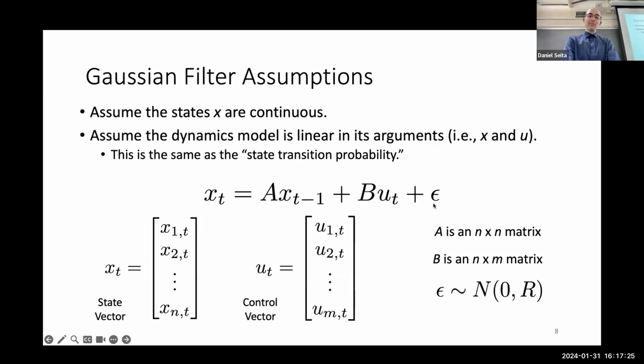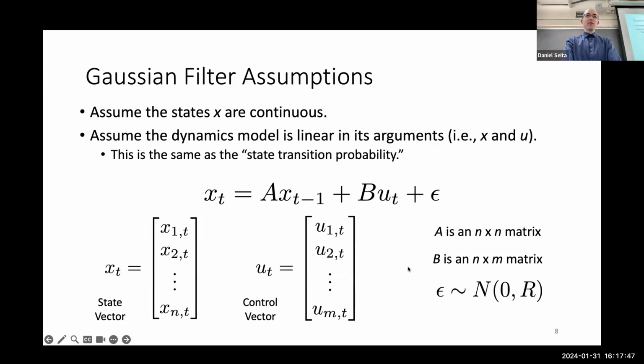Whenever you see epsilon, that will often mean some kind of noise. I know in some other classes epsilon might be a small constant that you use in math, but for today we'll just view it as some kind of noise vector.